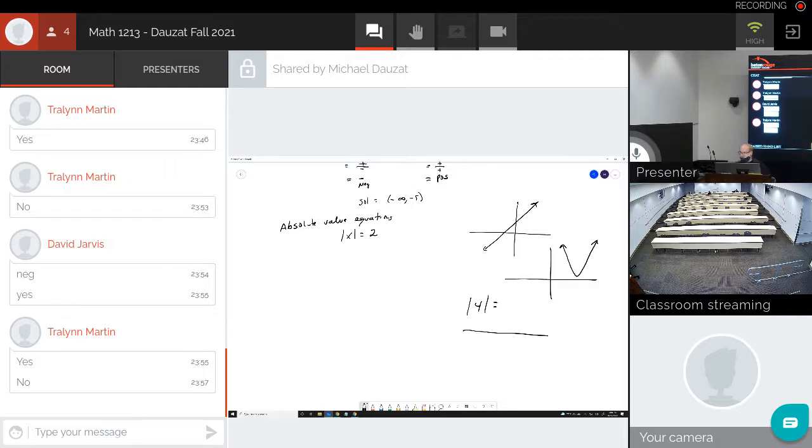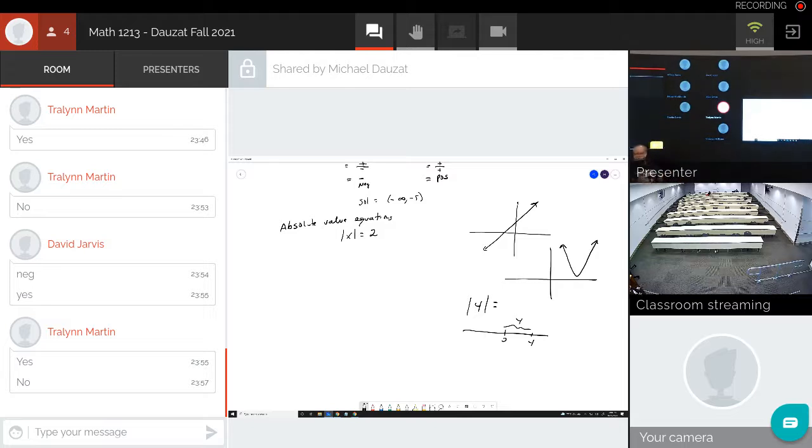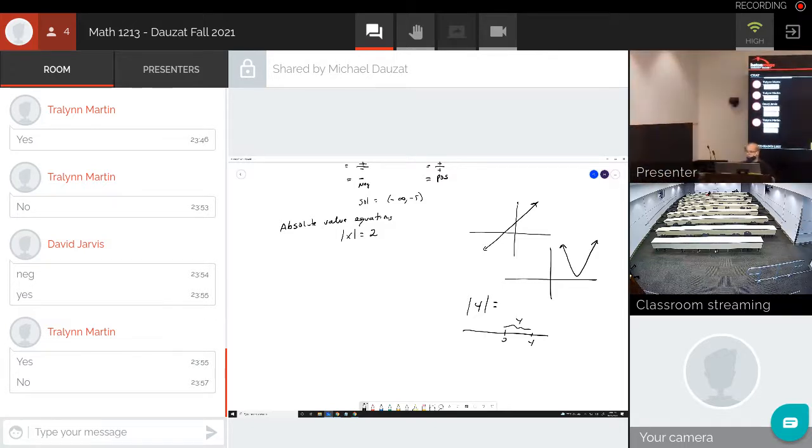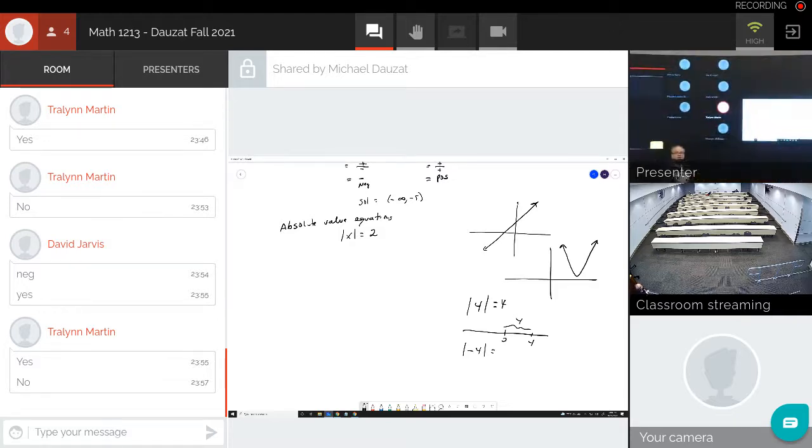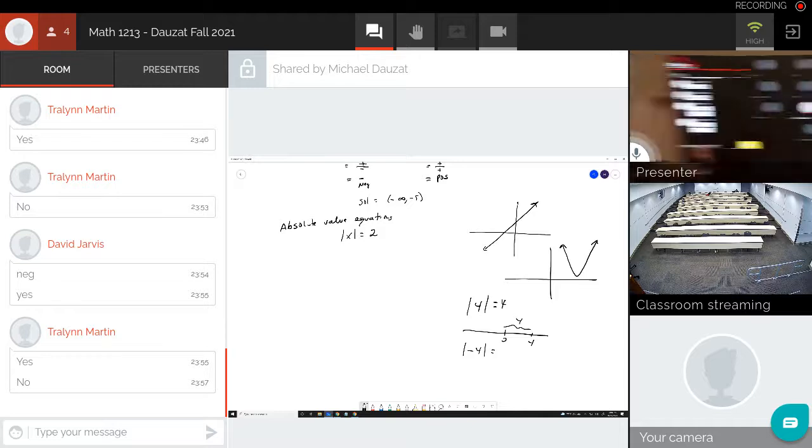If this is 0 right here, and this is 4, what's this distance? 4. And when we think of distance, we think positive, right? What's the absolute value of negative 4? 4 also.